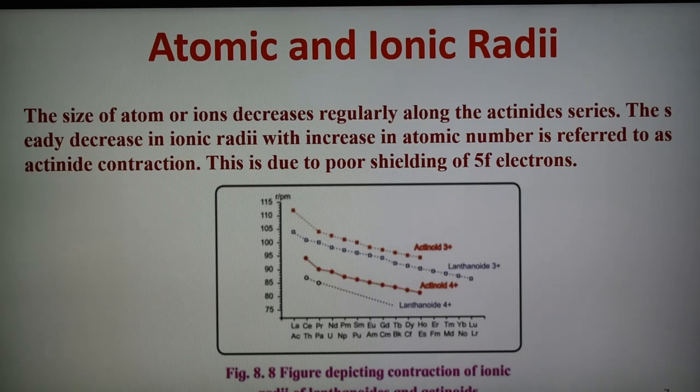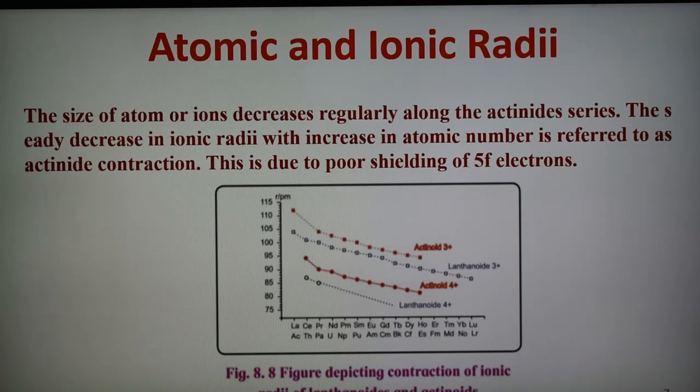In other words, the size of actinide ions decreases regularly along the actinide series, because with the increasing atomic number, the extra charge on the nucleus is poorly screened by the 5f electrons, and this steady decrease in ionic radii with the increase in atomic number is known as actinide contraction. So again I am repeating, what is actinide contraction?